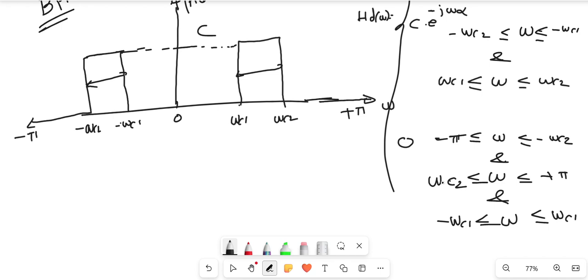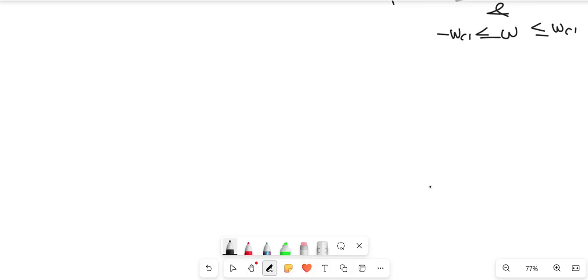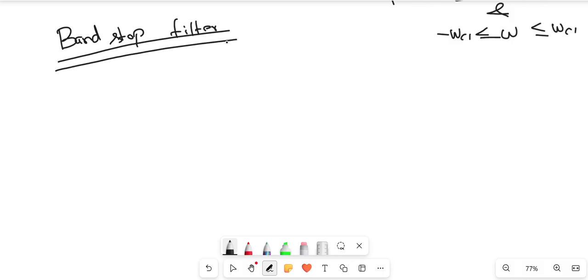Okay dear. Similarly, you can write the frequency response of the band stop filter, because the question may be to design a filter for low pass, high pass or band stop.